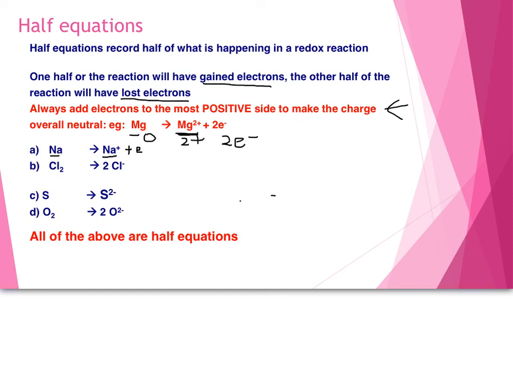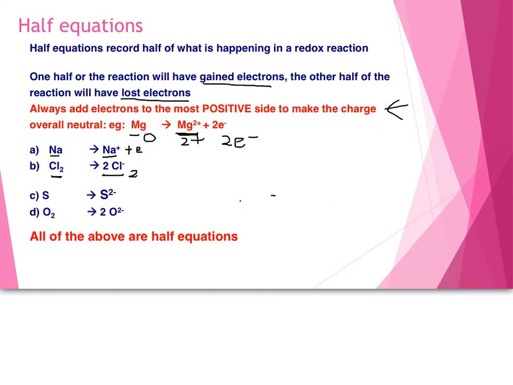Now for B, we've got 0 charge on this side. Because it's Cl2, I need to have 2 Cl minus ions on the right. Whenever we're doing chemical equations, when there's a big number in front, that means everything after it is doubled. So this means that there's 2 negative charges on this side.